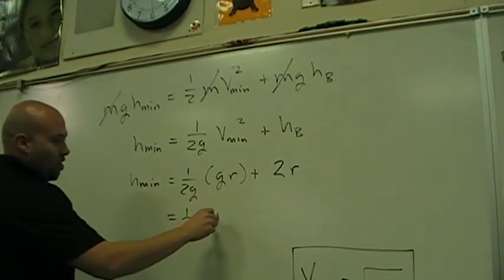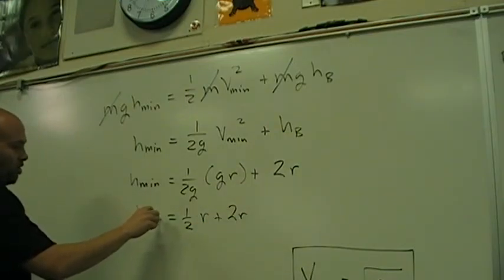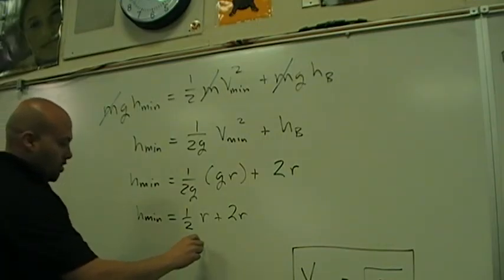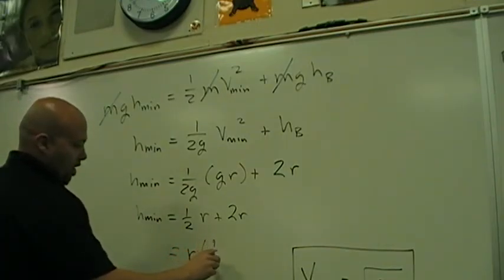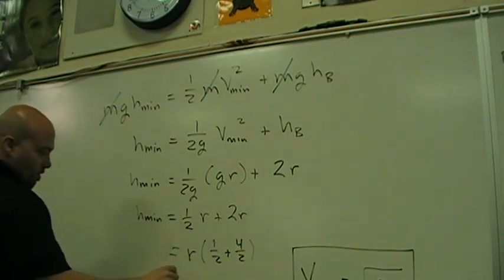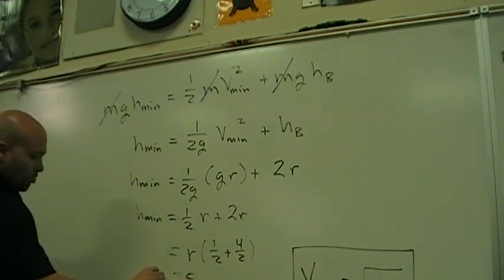So we have 1/2 R plus 2R equals H min. And now we can combine the R's. So R times 1/2 plus 4/2. 5 halves R. So we have 5/2 R is H min.